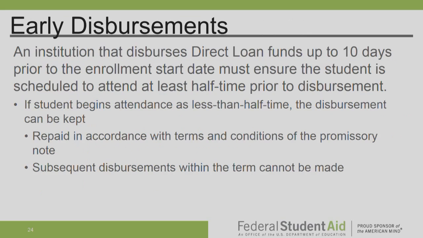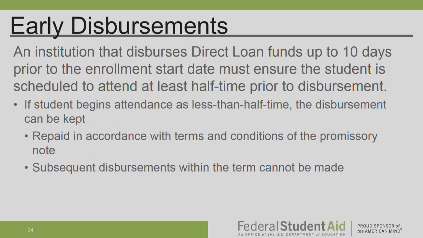Now, with that in mind, what about early disbursements? Because I get a lot of schools that get confused about early disbursements, and this is kind of interesting here, right? Let's say I have an early disbursement. You schools, you term-based schools especially, or even non-term, understand that I can definitely disburse funds up to 10 days prior to the enrollment start date, right?